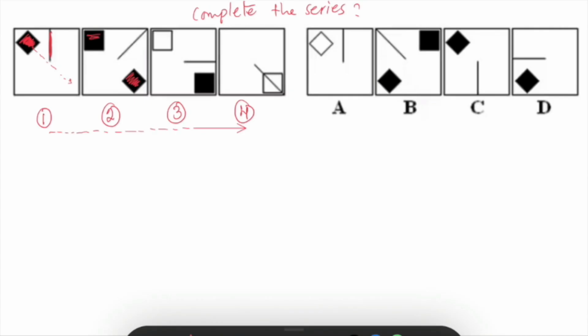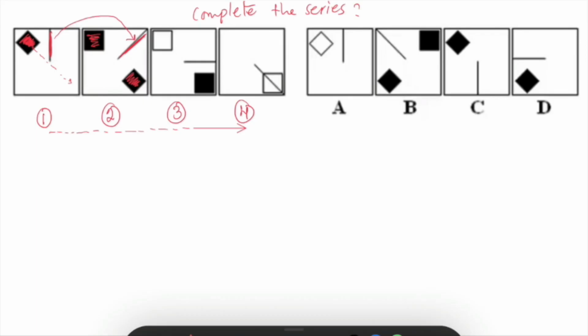Then a bigger square appeared in its original place. Also, most important, the line moved clockwise to the upper right corner, pointing diagonally inside the square.